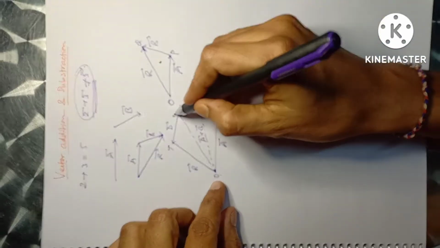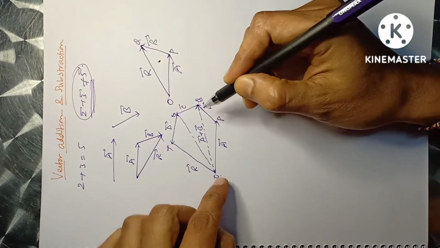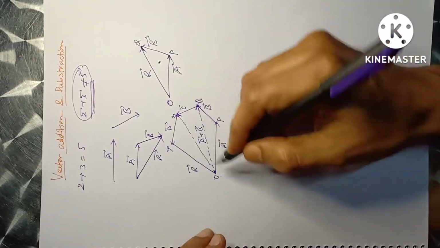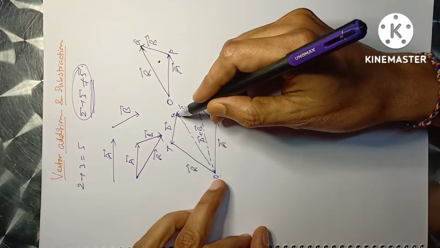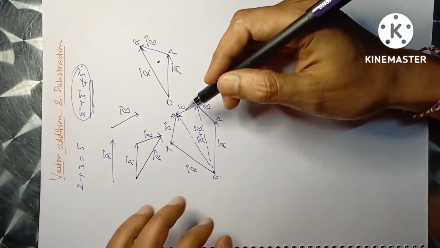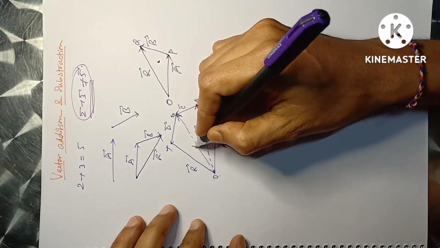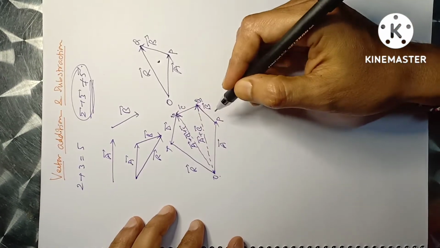One arm AB along this direction and another arm C, both are anticlockwise. Then the resultant will be O to S but clockwise. So we can write A plus B plus C.